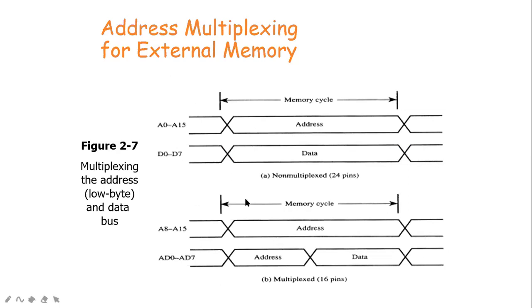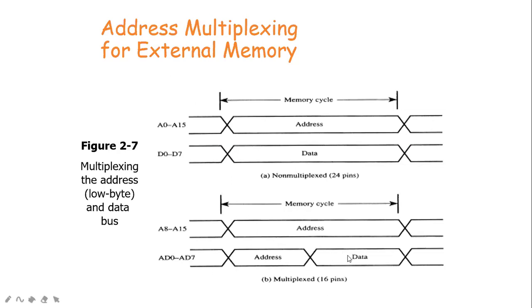If non-multiplexing is used, 24 pins are required. If multiplexing is used, AD0 to AD7 are the multiplexed address and data lines. When ALE is high, these lines are used as address lines.